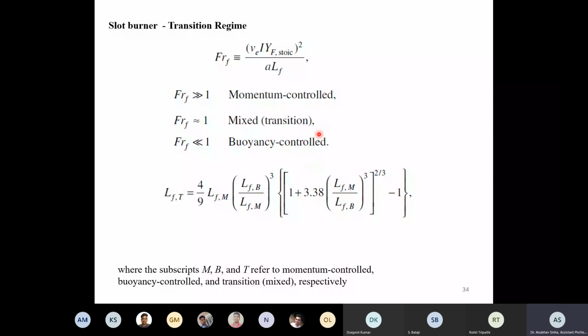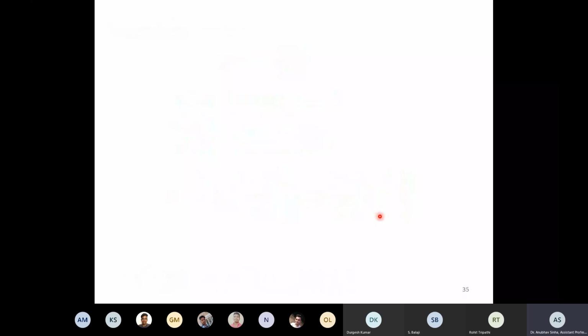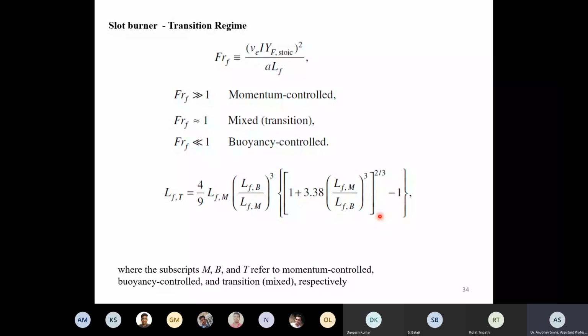What is the mixed region? This is what we use for the mixed region. These are just some equations. Don't worry about it. Next class we'll talk in more detail on this, and we'll also look at numericals. Using numericals, it will be more clear how we use these equations.